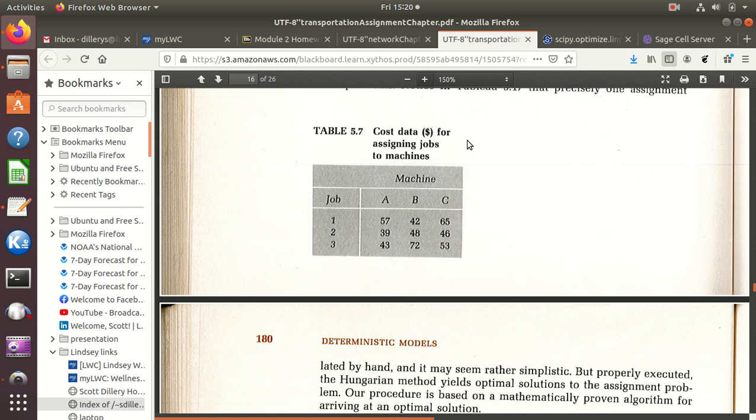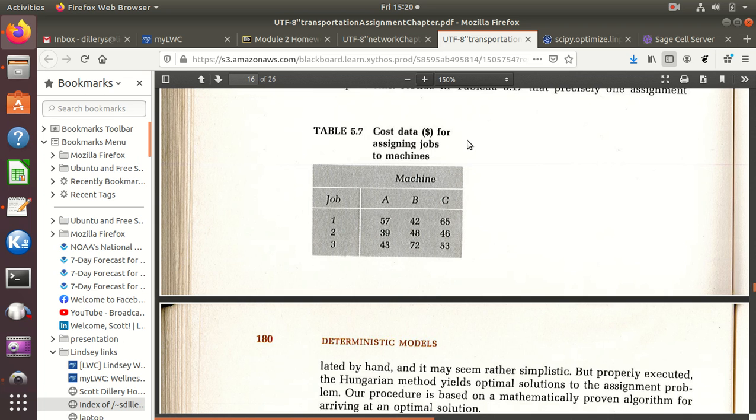Now, you could make things much more complicated by saying, actually, we can wait, and so we could assign 2 jobs to the same machine, but they can't get done at the same time. It would take time. Yes, you can ask that kind of problem. It just starts getting harder and harder. So we're keeping it simple.